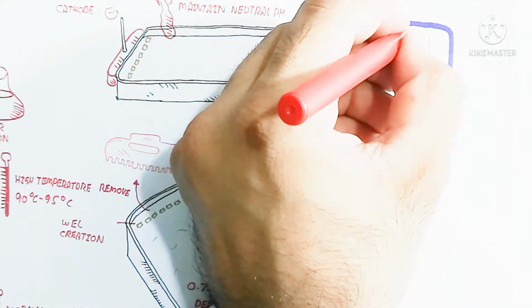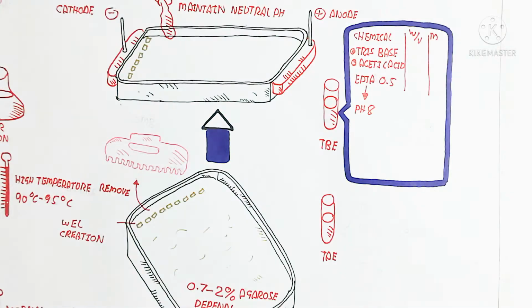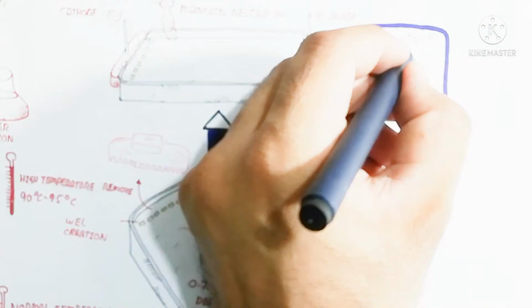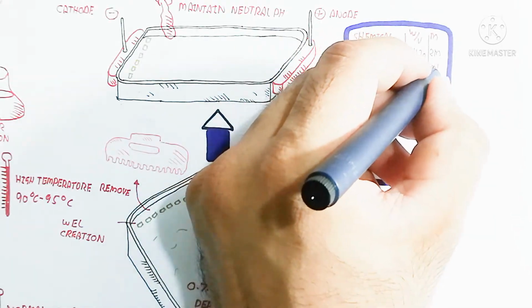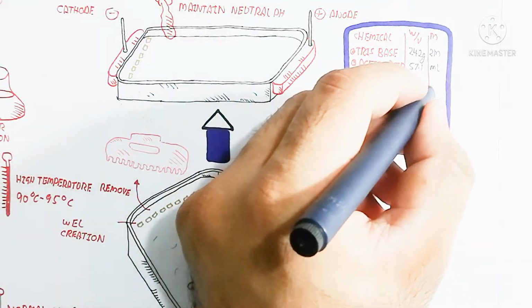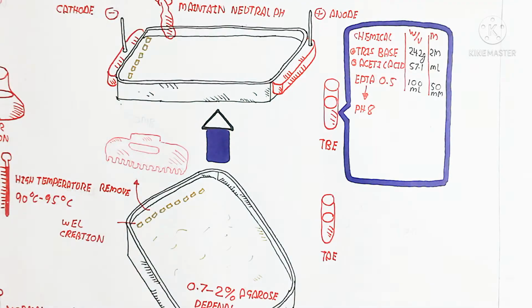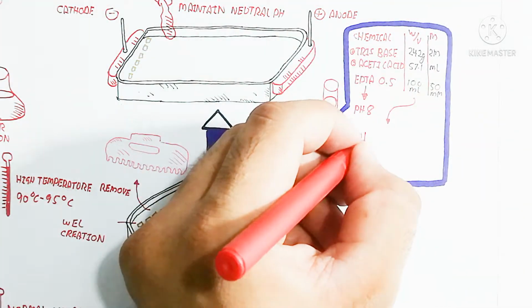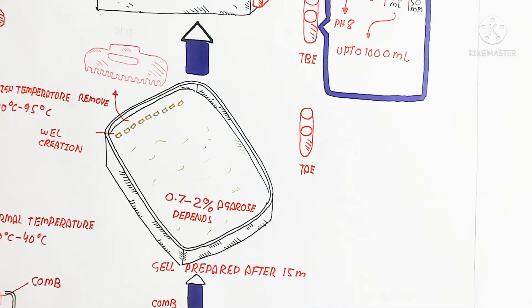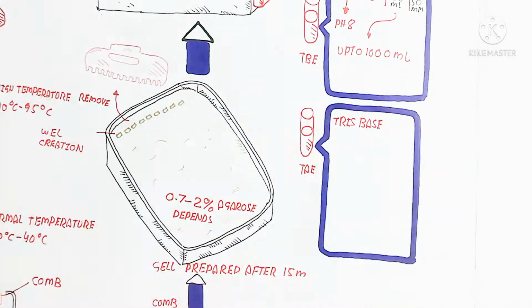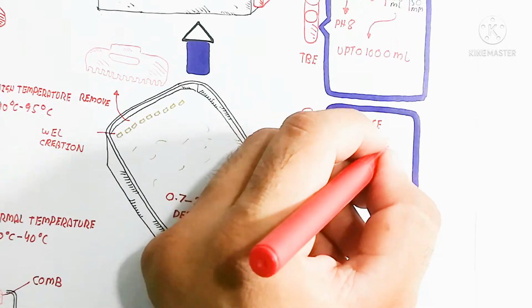While the weight per volume of trispace is 24.2 gram and 2 mole, as well as acetic acid is 57.1 volume per weight gram and mole milliliter, sorry. So EDTA is basically used at pH 8 and so up to 1000 milliliter.